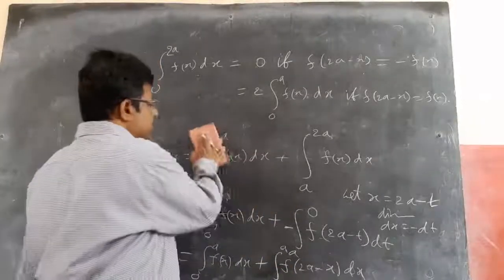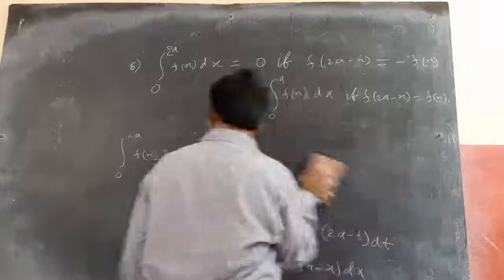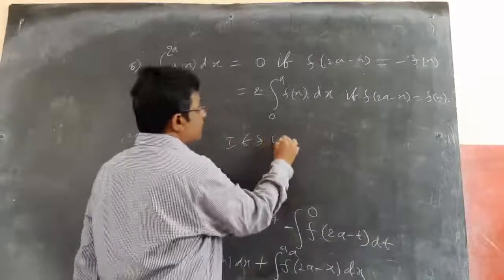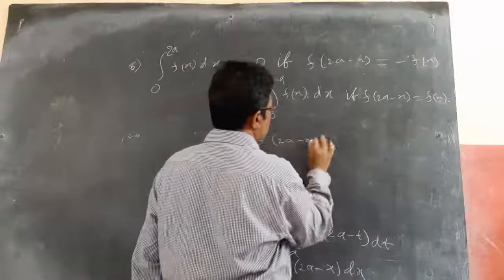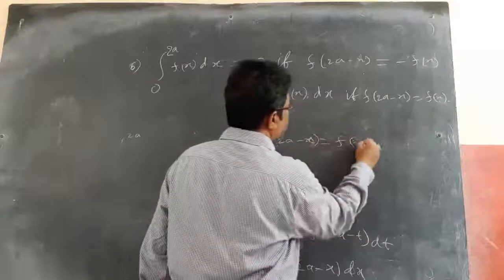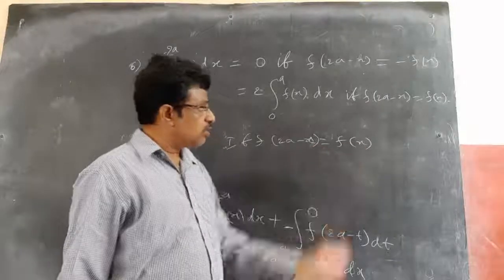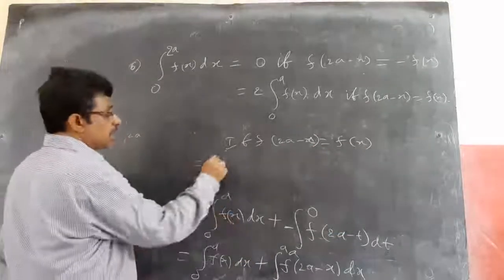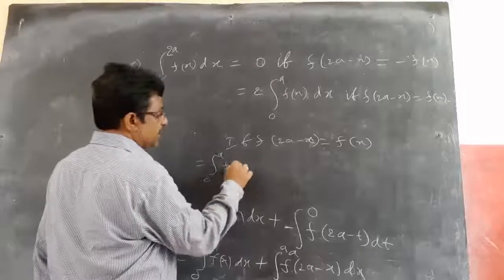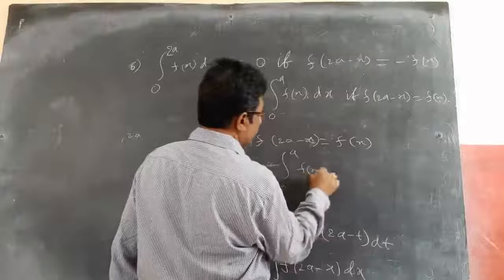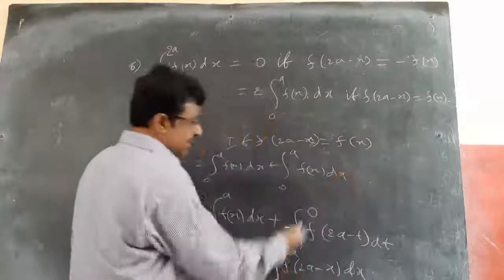So we write the same concept as in the previous one. Now if f(2a minus x) equals plus f(x), what happens? 0 to a f(x) dx plus 0 to a f(x) dx, because instead of f(2a minus x) I can write f(x).